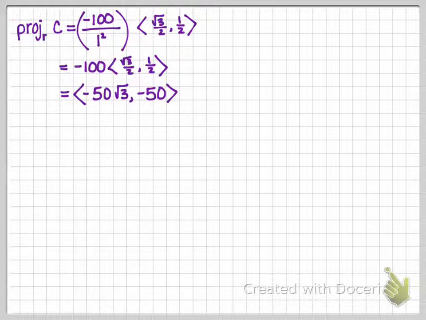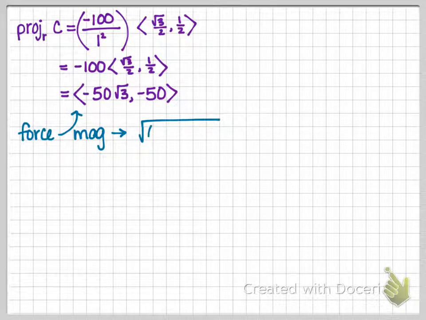But that's a vector, right? We kind of expect, what force do I need? It kind of sounds like it's supposed to be a scalar. And you're right. So to find the force, we are going to take the magnitude of it. So I'm going to have one big square root. I've got negative 50 square root 3, and I'll square it, plus negative 50, and I'll square it.